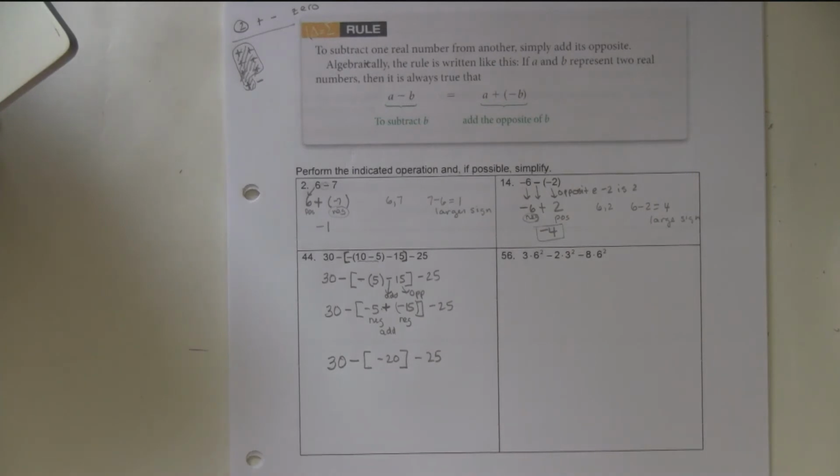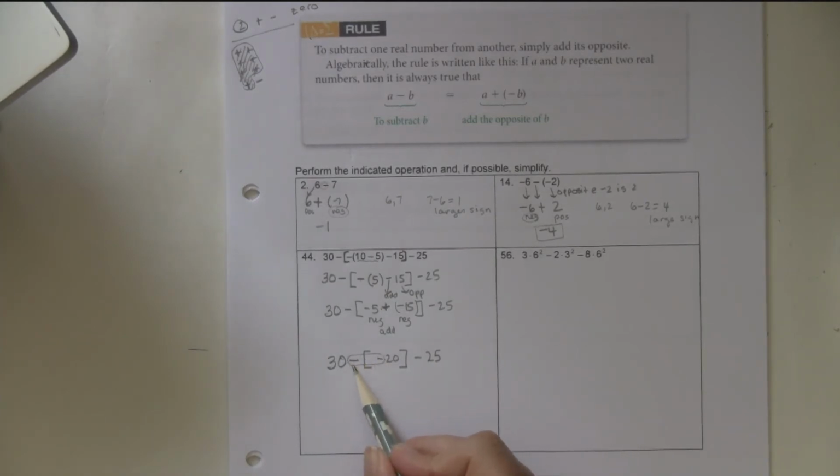And now I'm ready. This is subtract of a negative is what I've got going right there. Subtract of a negative is the same as an addition, and it's because of add the opposite, right? When I turn this into an add and then I do the opposite, I get a positive.